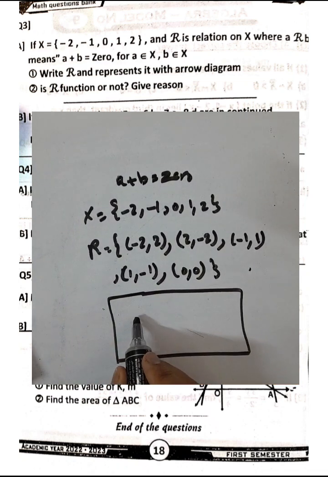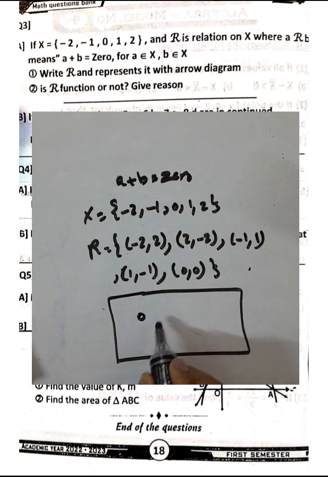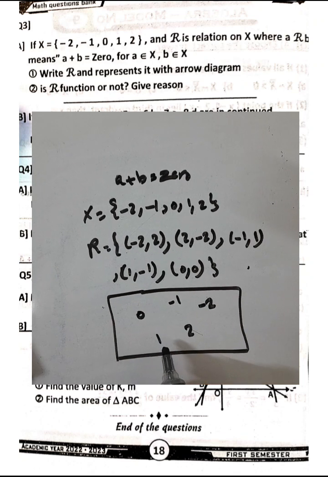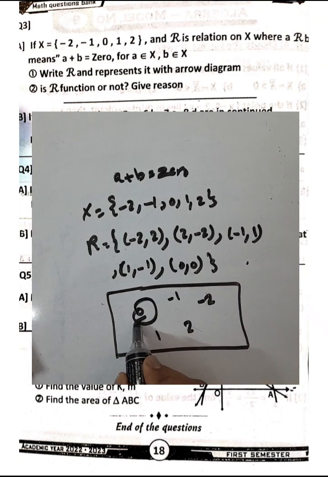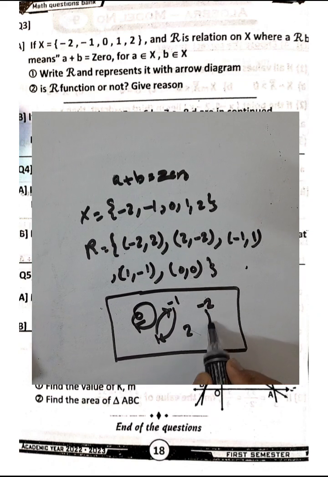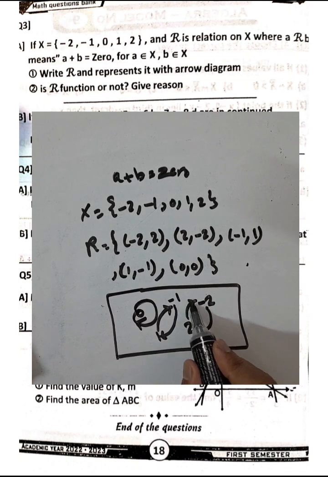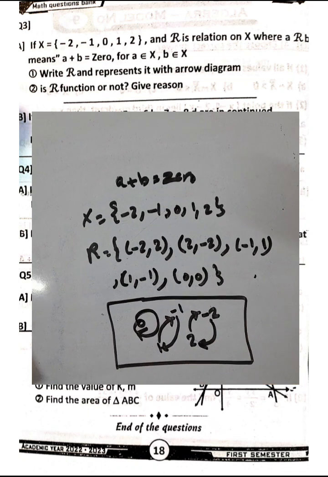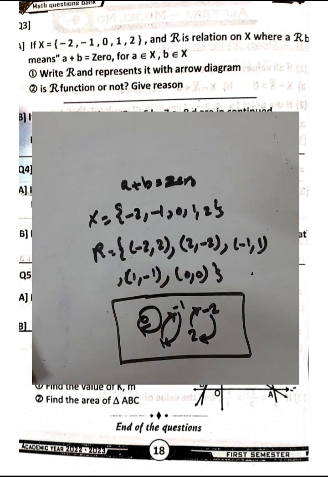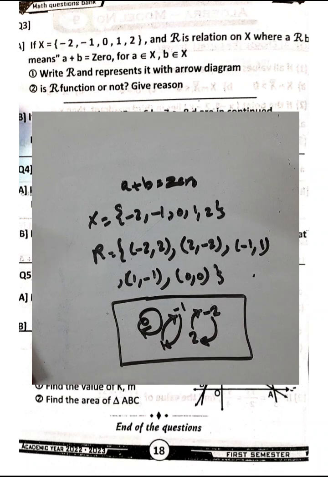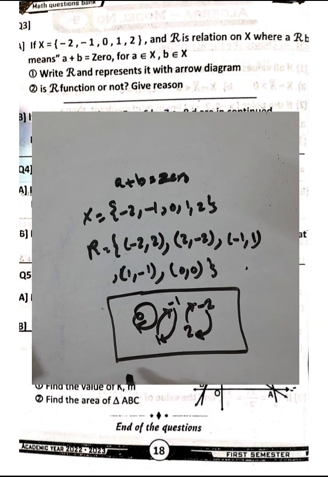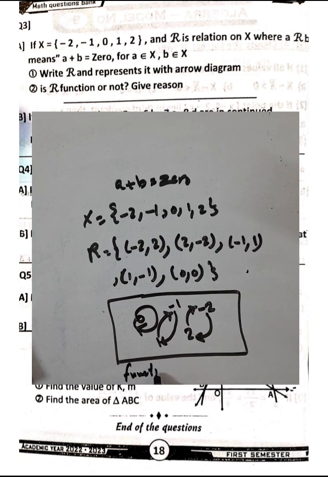Right here 0, 1 and -1, 2 and -2. 0 goes to itself, 1 to -1, 2 to -2 and -2 to 2. Okay, it's a relation. This relation would be a function because each element has one arrow in the arrow diagram.